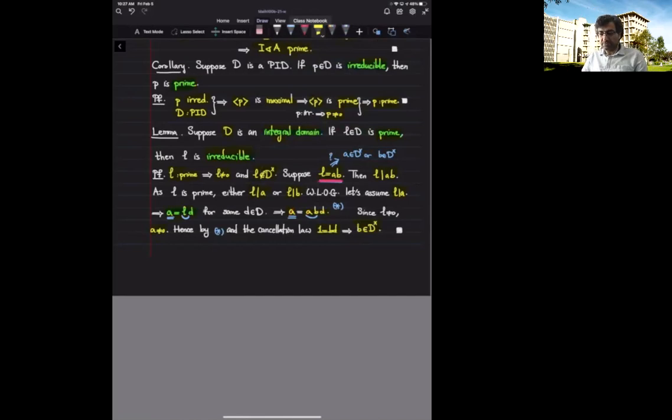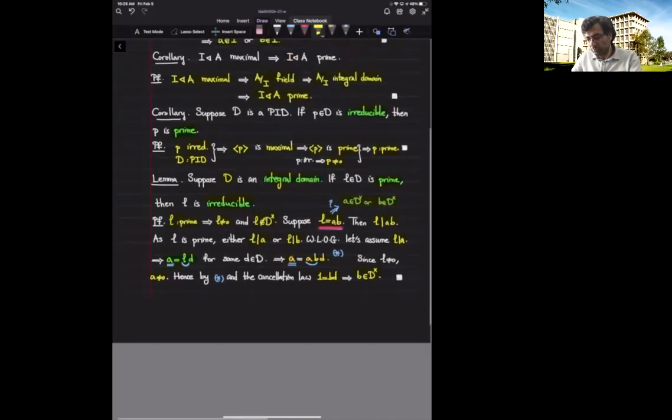And that's exactly what we wanted to show. Again, assuming that L is A times B, we had to show that either A is a unit or B is a unit. And because here we assumed L divides A, we deduced that B is a unit. If we knew L divides B, we could have deduced that A is a unit. So in either case, we get this implication, and therefore every prime element is irreducible.